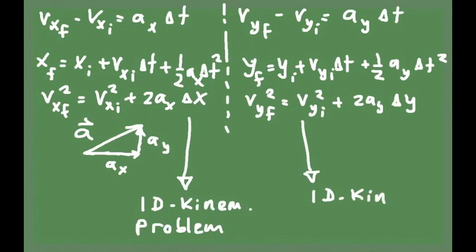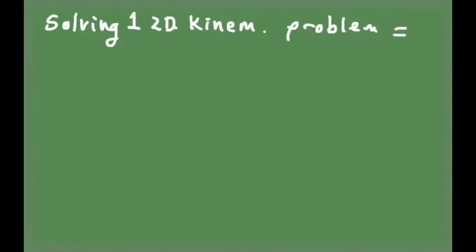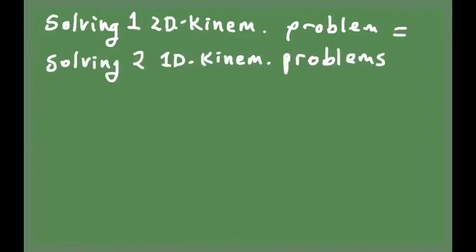So each one of these sets of equations is a one-dimensional kinematics problem, one for the x and one for the y components. So solving one two-dimensional kinematics problem is equivalent to solving two one-dimensional kinematics problems. One problem for the x component, one problem for the y component.